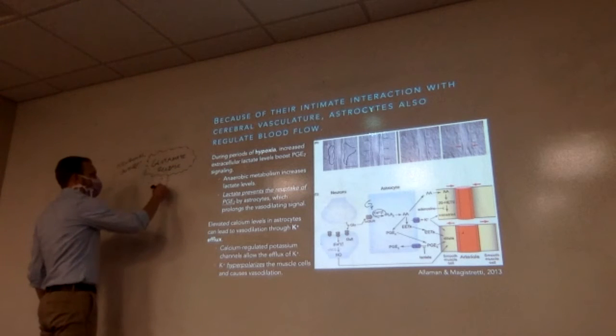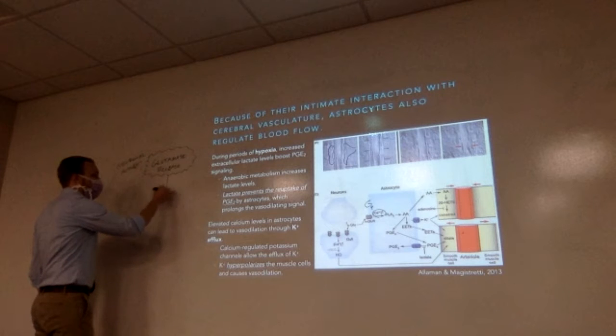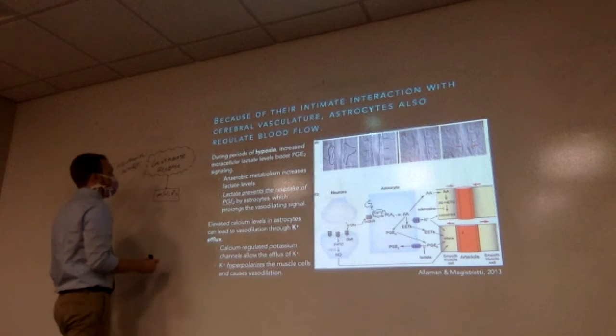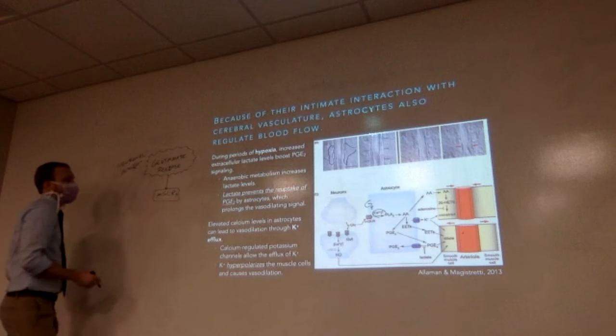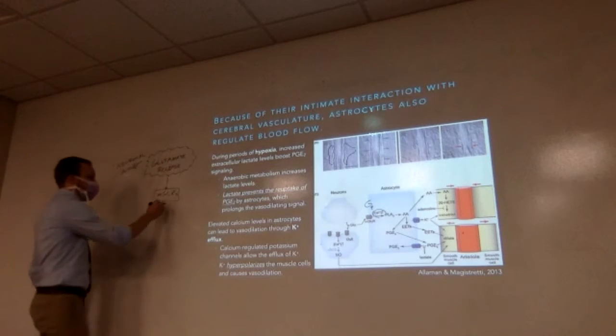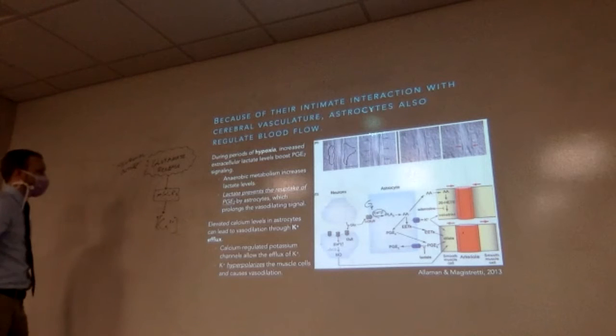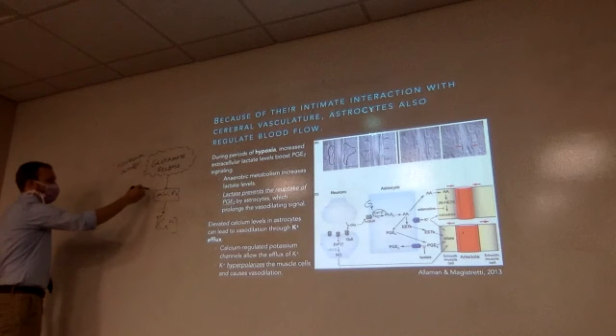So that glutamate that's released is going to stimulate NEUR411s on astrocytes. Those NEUR411s are going to lead to an increase in intracellular calcium, because they're GQ coupled. So at this point, we're in astrocytes.